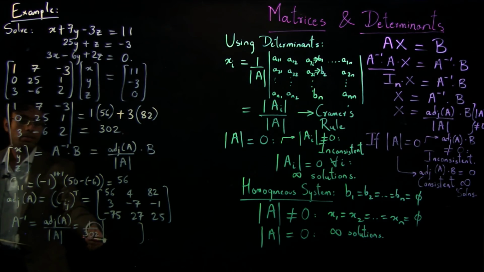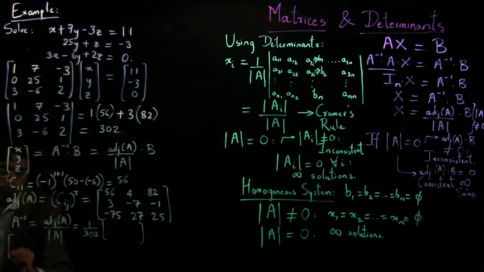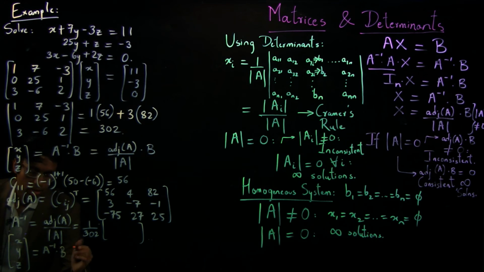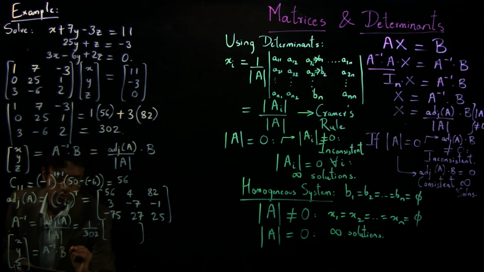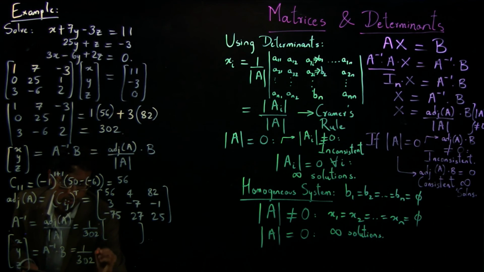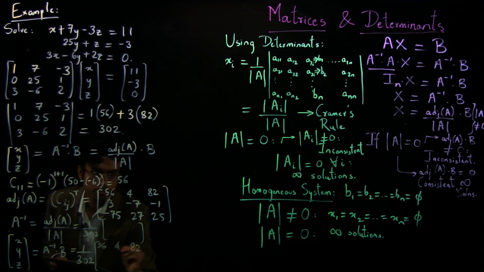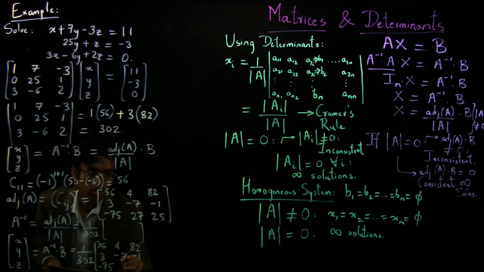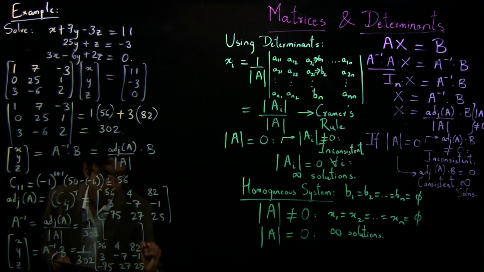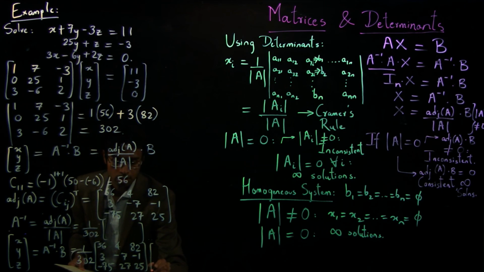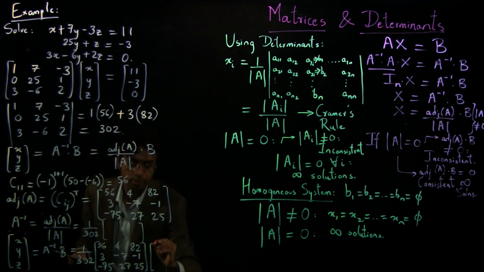And then once you have A inverse, you get your unknown variables x, y, z as A inverse times B. Well, I'll write it here: 1 over 302 times 56, 4, 82; 3, minus 7, minus 1; minus 75, 27, 25, times your right hand side matrix, which is 11, minus 3, 0.